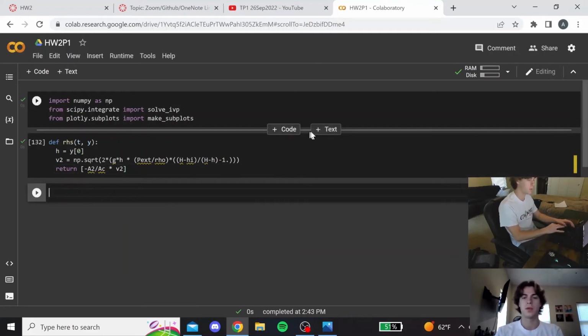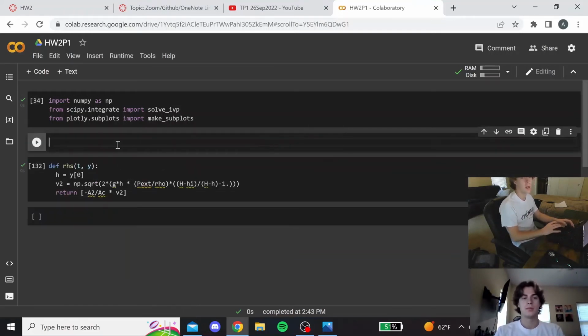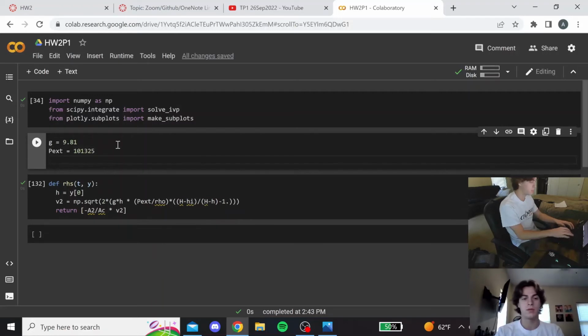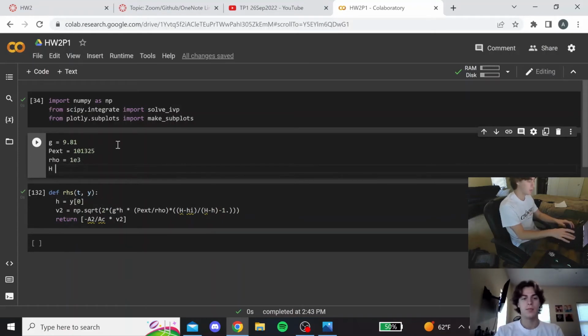Now I'm going to go up here, and I have a window open under my camera with all the initial values, so I'll code those in. We can define our knowns. G is 9.81 meters per second squared. The external pressure is 101,325. Rho is the density of water. The height of the tank is 1 meter.